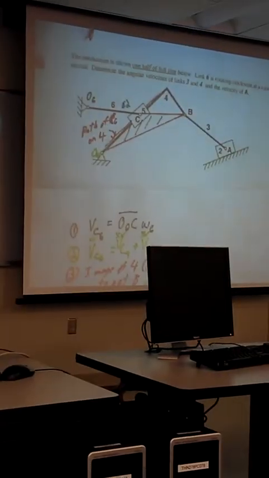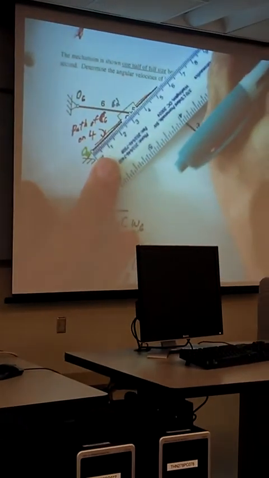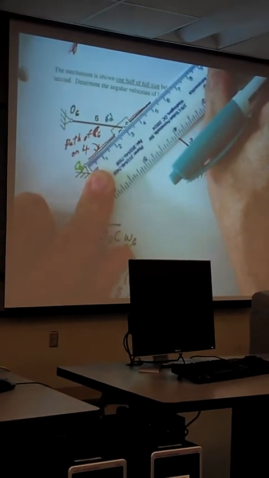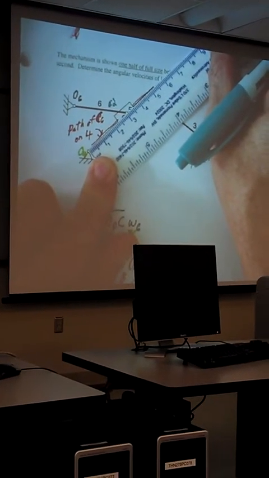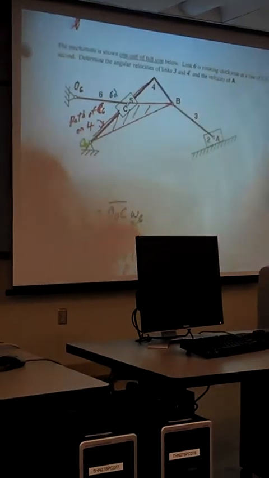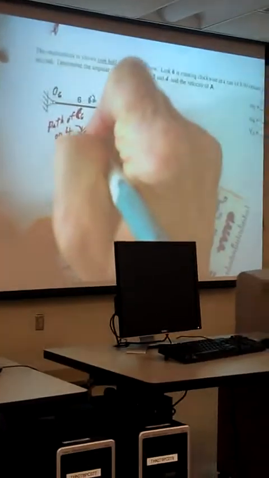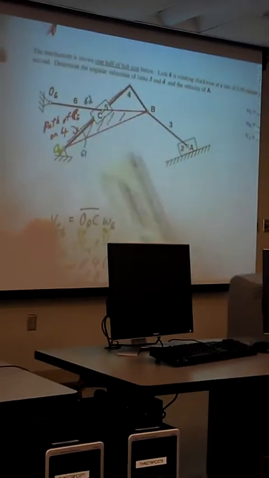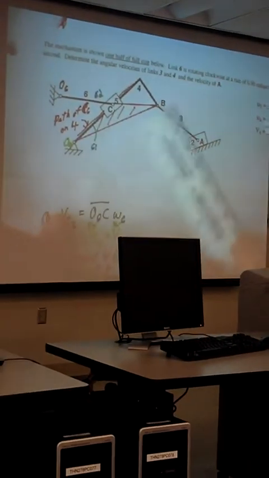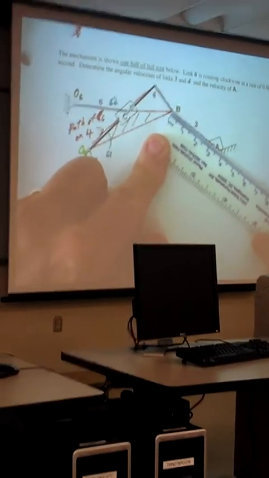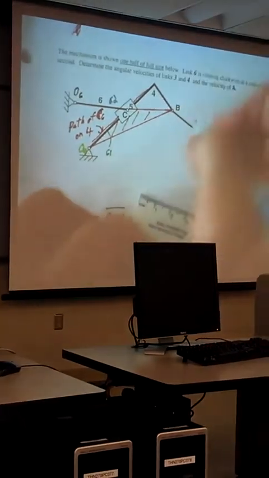Now that I'm thinking about the scale factor, I'm going to measure the length from O4 to C, looks like 30.5, so 61. I don't measure the second and third sides of the image, and I'm going to measure AB. If I do it all at one time, I see 32, so this is going to be 64.